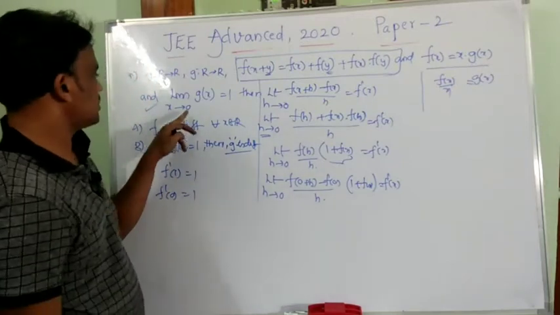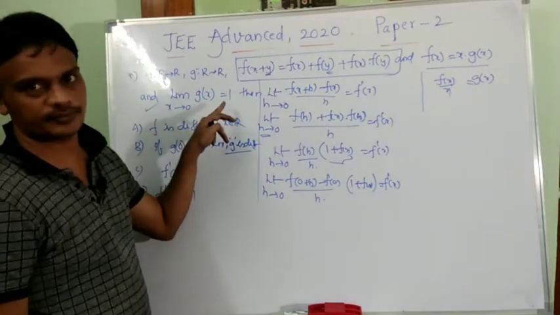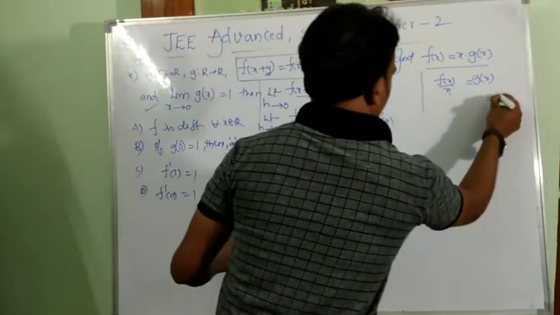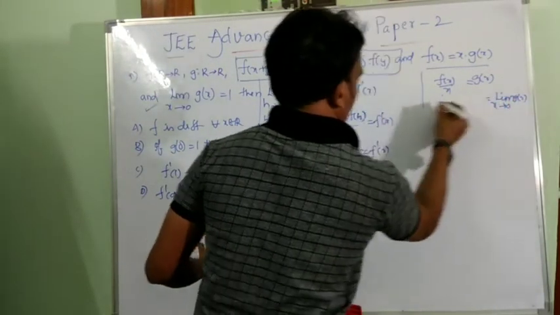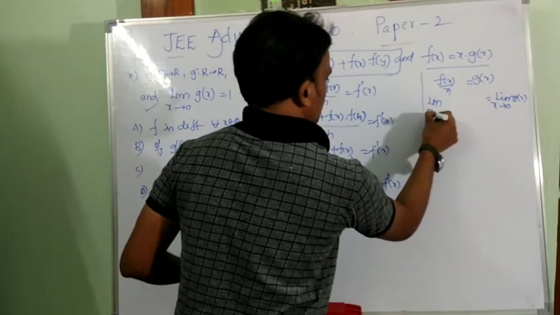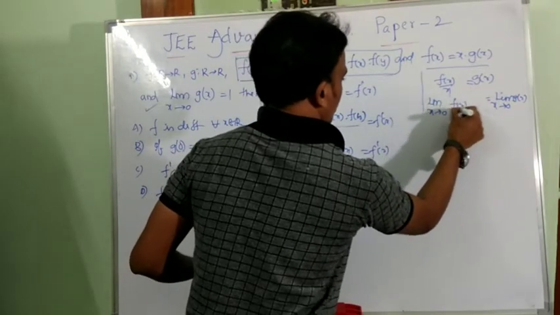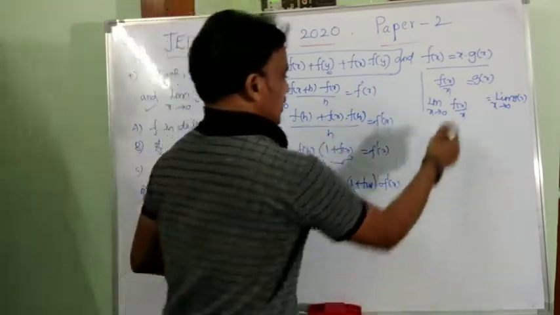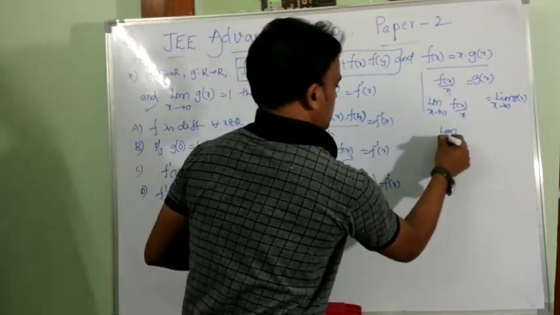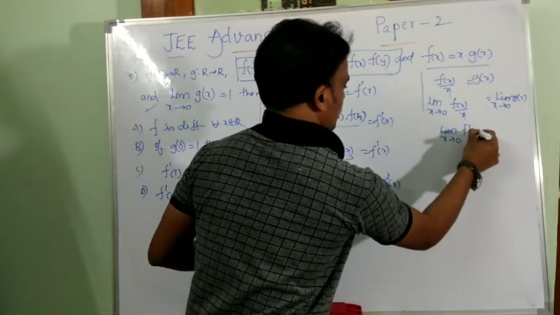So apply the limit x tends to 0, g of x, it is already 1. So limit x tends to 0, g of x equals limit x tends to 0, f of x by x, which is 0 by 0 form. I can take limit x tends to 0, f dash of x.